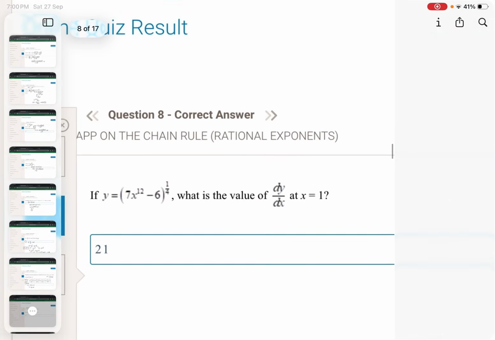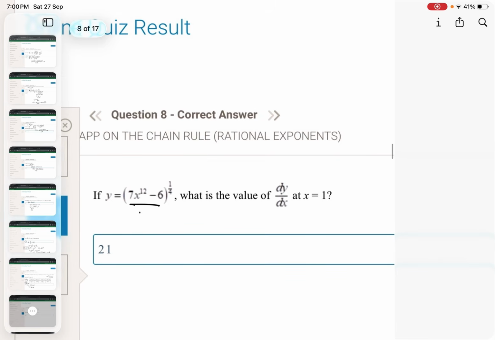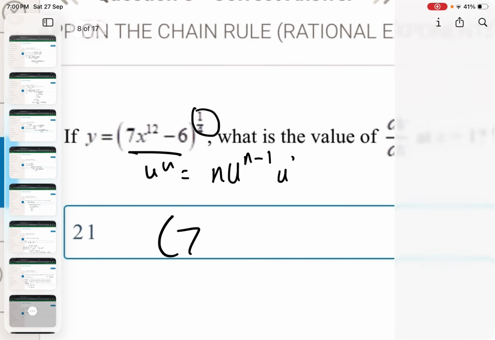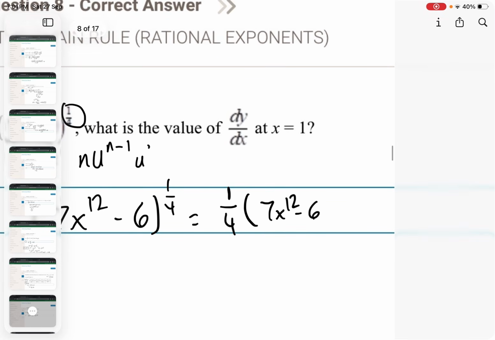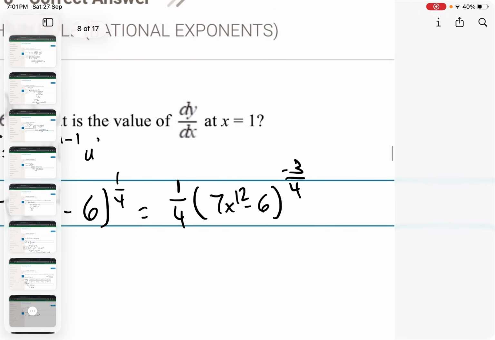Question number 8. Here, as I told you, the derivative of u to the power of n is n times u to the power of n minus 1 times u prime. So let's solve it. It will be 7x^12 minus 6, to the power of 1 over 4, which is equal to n, which is 1 over 4, times u, which is 7x^12 minus 6, to the power of 1 over 4 minus 1, which is minus 3 over 4, times u prime.